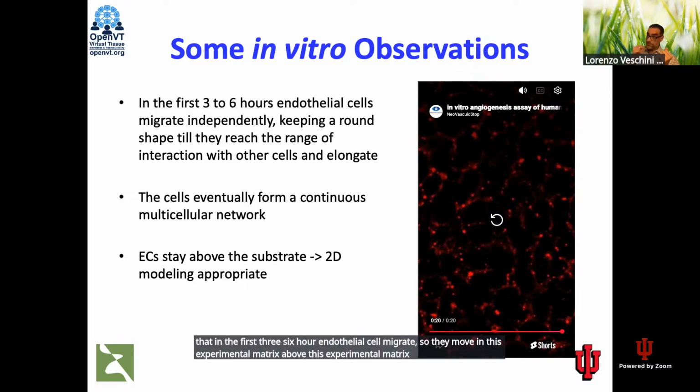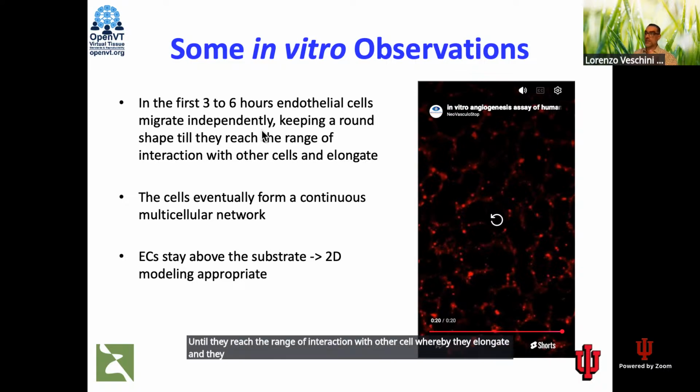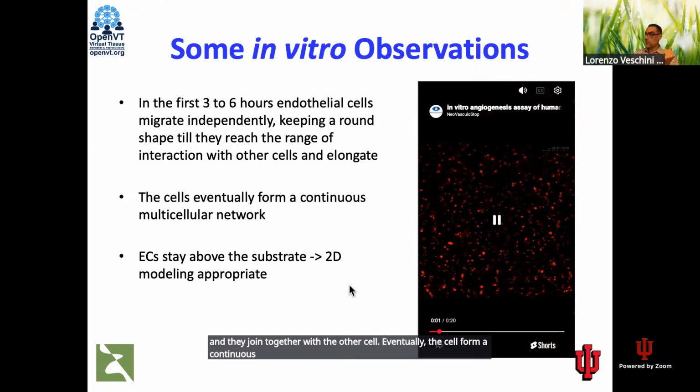And they keep a round shape until they reach the range of interaction with other cells, whereby they elongate and they join together with the other cells. Eventually, the cells form a continuous multicellular network, and this is kind of evident from the movie.